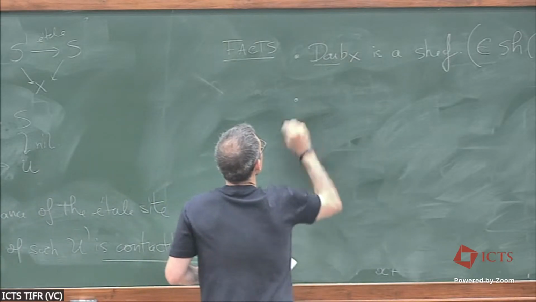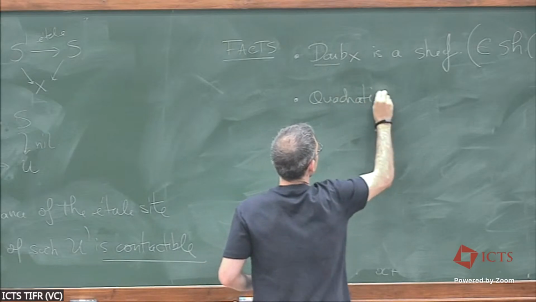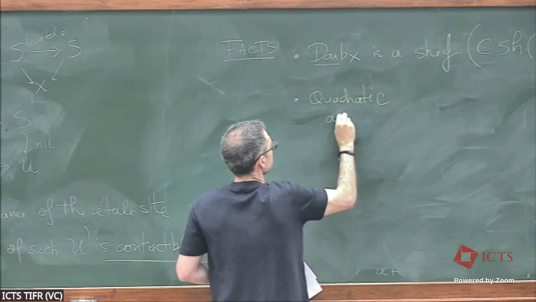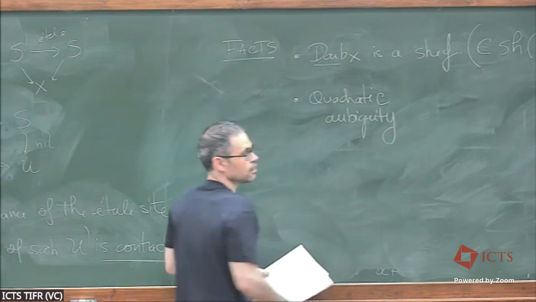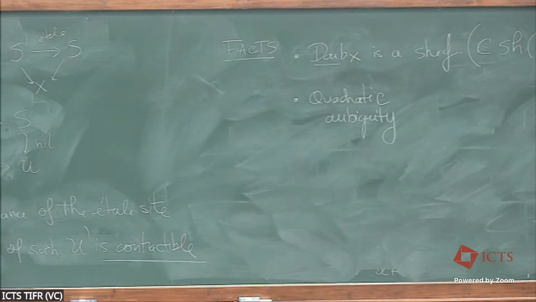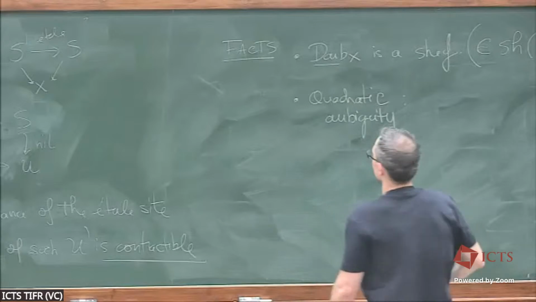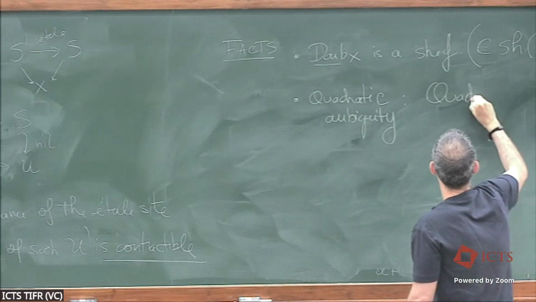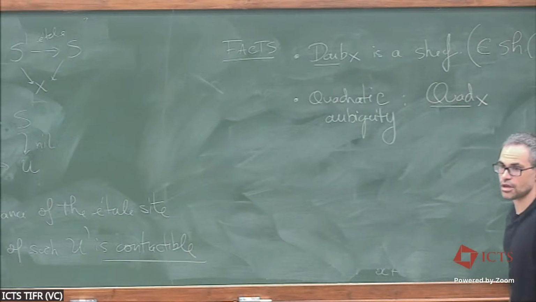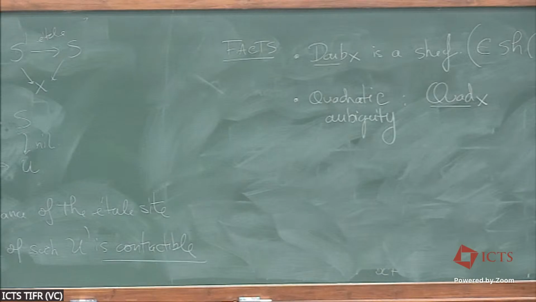And the other thing has to do with the quadratic ambiguity. I can reformulate everything I said before just by noticing that there is another stack in the game. It's the stack of quadratic bundles on X. It's a stack that lives in the big site, but I can restrict it to the small étale site.